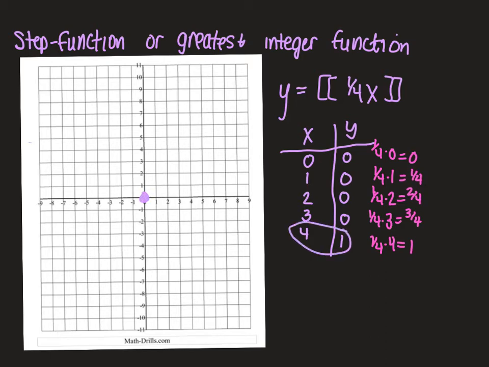My next new dot is at 4, 1. 4, 1 right here. That means that my line goes all the way to 4, but it doesn't include 4. So at 1 was a 0, 2 was a 0, 3 was a 0, and even 3.99999 would still round down to 0. That's why it's an open dot.